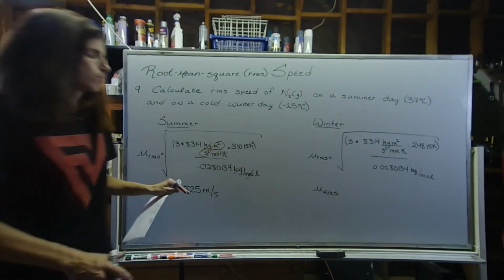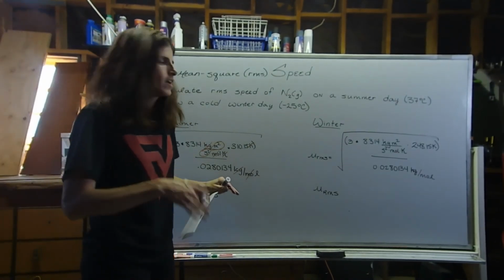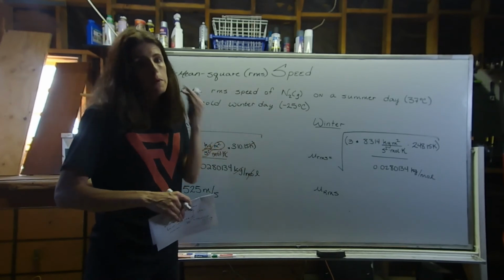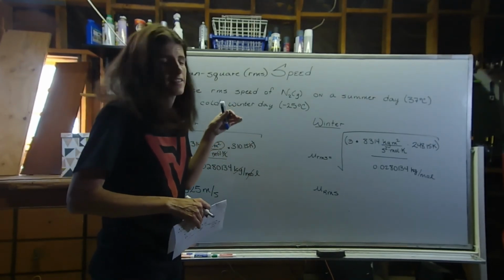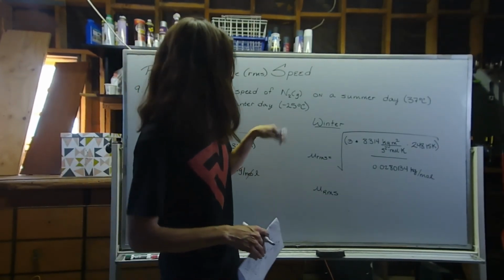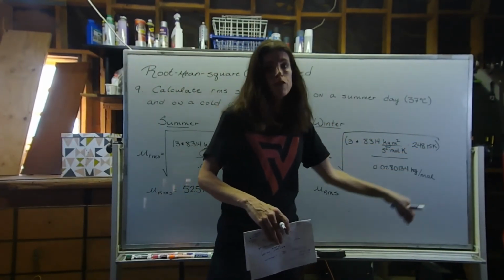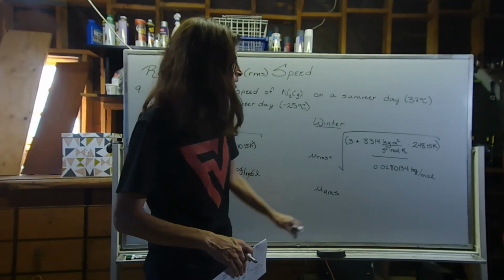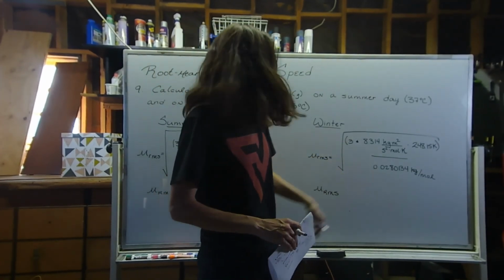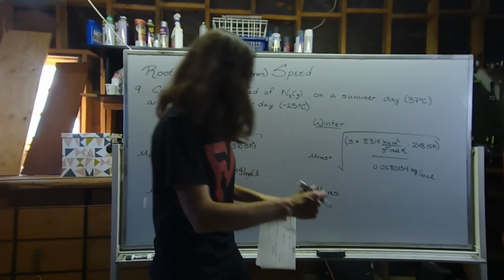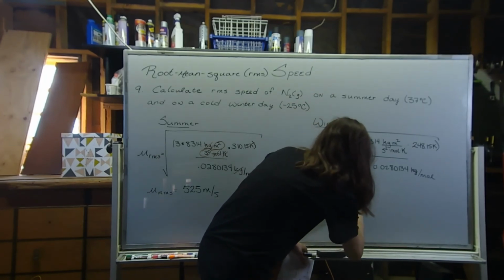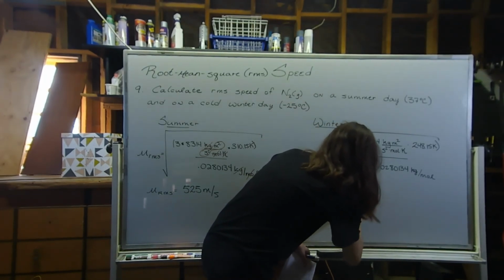I redid the problem for the winter when the temperature was quite a bit colder, right? That's insane. I don't want to go back there. Anyways, so that converted to 248.15 Kelvin, dividing by the same molar mass, and I got a speed of 470 meters per second.